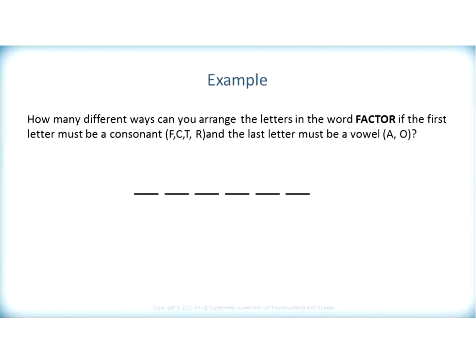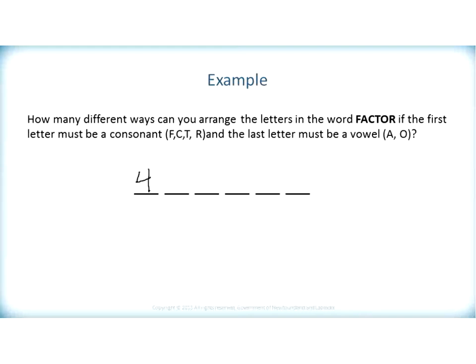How many different ways can you arrange the letters in the word factor if the first letter must be a consonant, that is an F, C, T, or an R, and the last letter must be a vowel, an A or an O? If the first letter must be a consonant, there are 4 options for this first position.